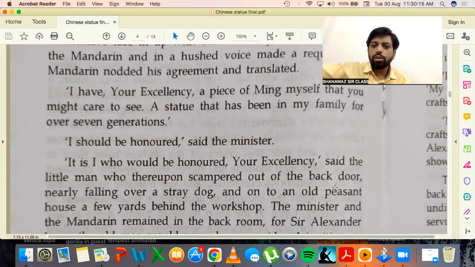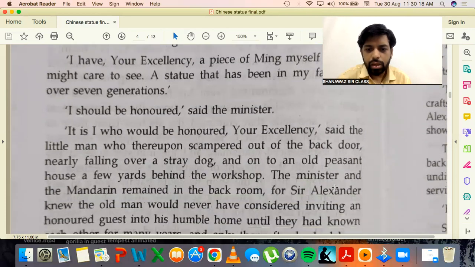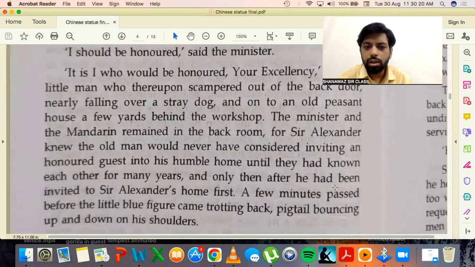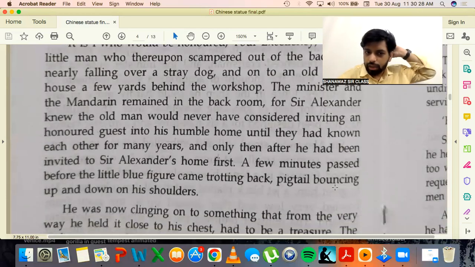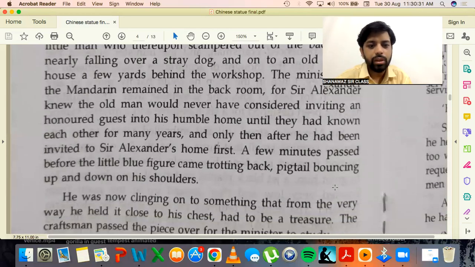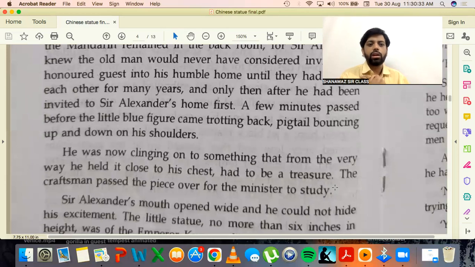The man ran to the other room, and from there he brought that special Chinese statue. A few minutes passed, and then the man came with his piggy ponytail bouncing up and down. He was now clinging to something very close to his heart.